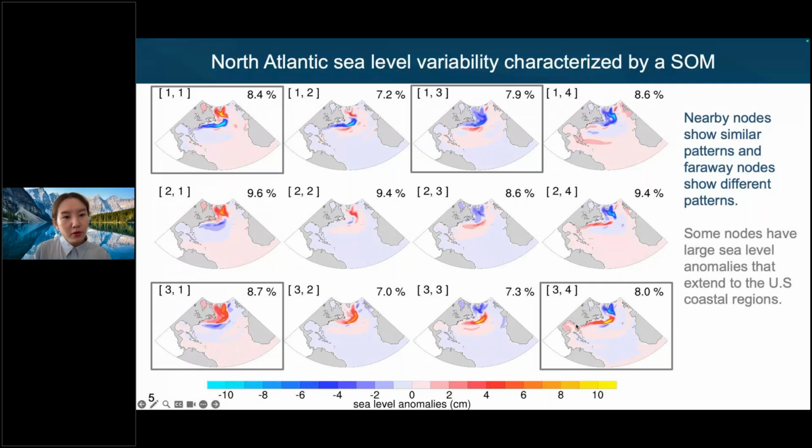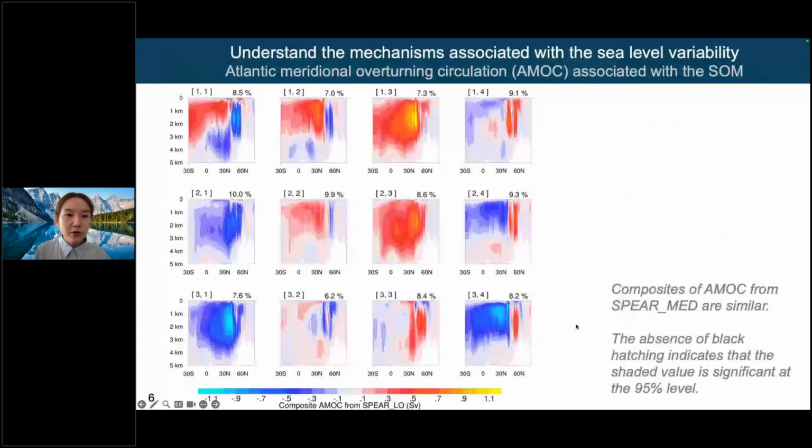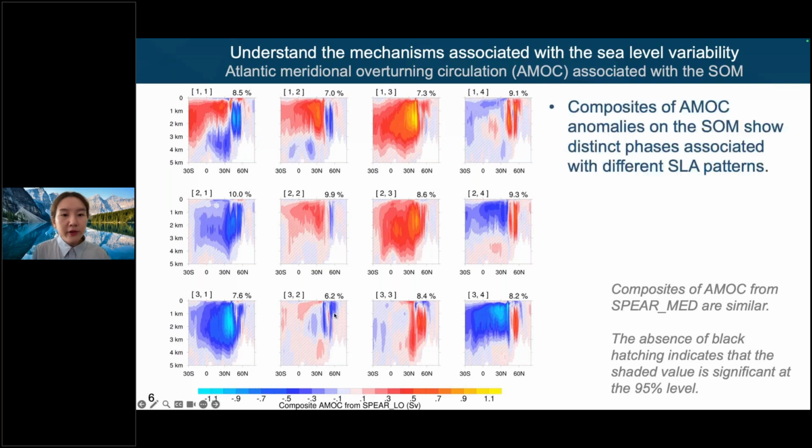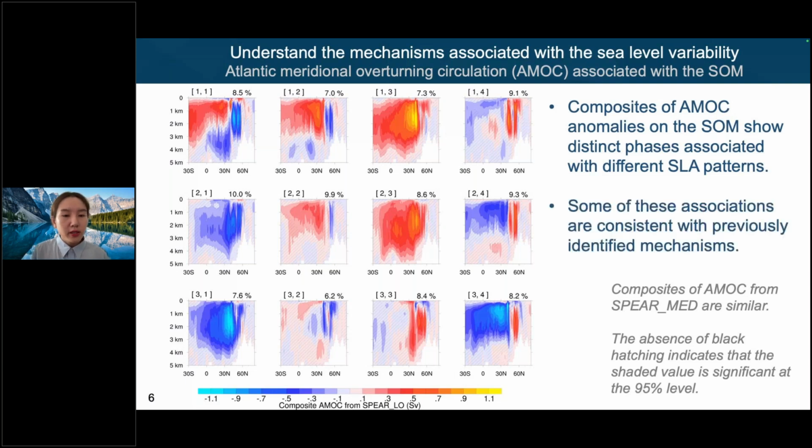In order to understand the mechanisms associated with the sea level variability, here we composite the AMOC, or the Atlantic Meridional Overturning Circulation, patterns associated with these SOM sea level anomaly patterns. We found that composites of the AMOC anomalies on the SOM show distinct phases associated with different sea level anomaly patterns, and some of these associations are consistent with previously identified mechanisms.